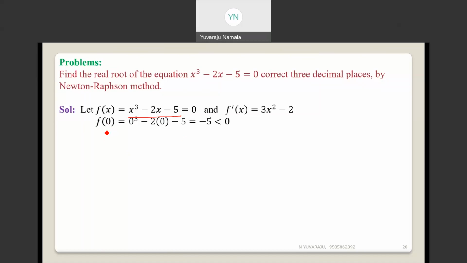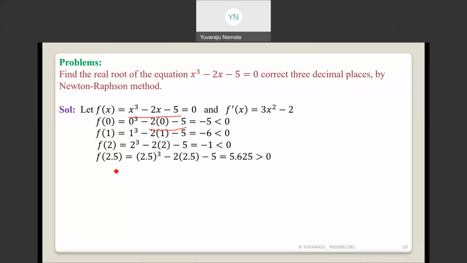Substituting x is equal to 0: 0 cube minus 2 into 0 minus 5 is equal to minus 5, which is negative. Next, f of 1 is 1 cube minus 2 into 1 minus 5, which is equal to minus 6. This is also negative. Next, f of 2 is 2 cube minus 2 into 2 minus 5, which is equal to minus 1, less than 0.